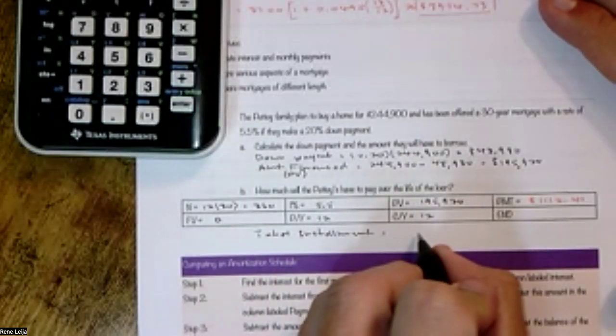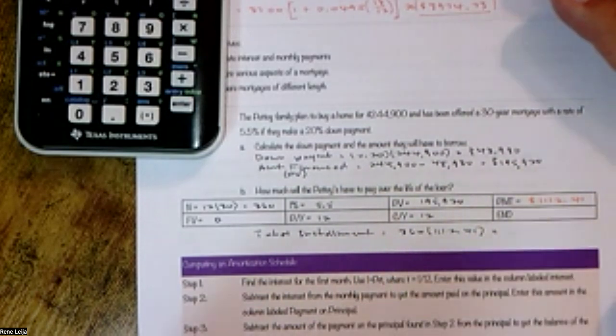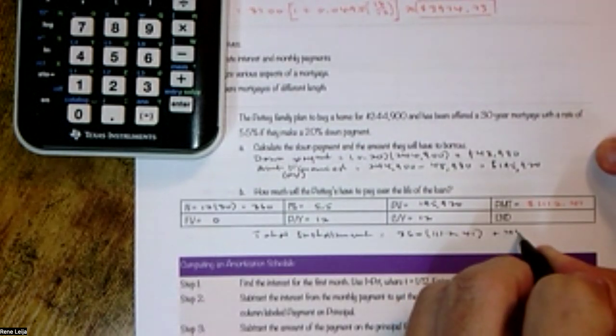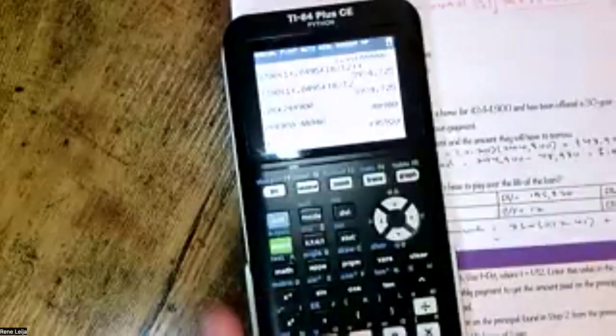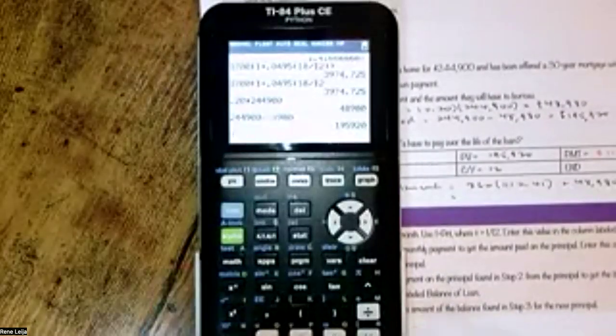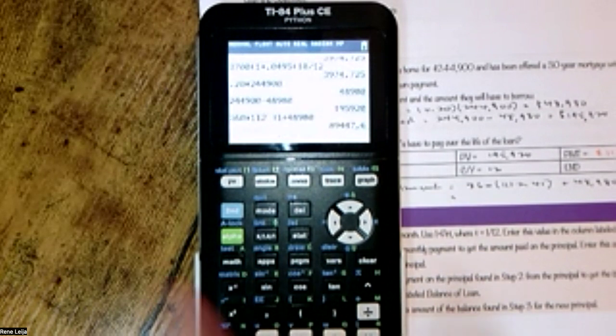So that's going to be 360 times 1,112.41, plus the down payment of the 48,980. Okay. So here we go. I have to add that back in.